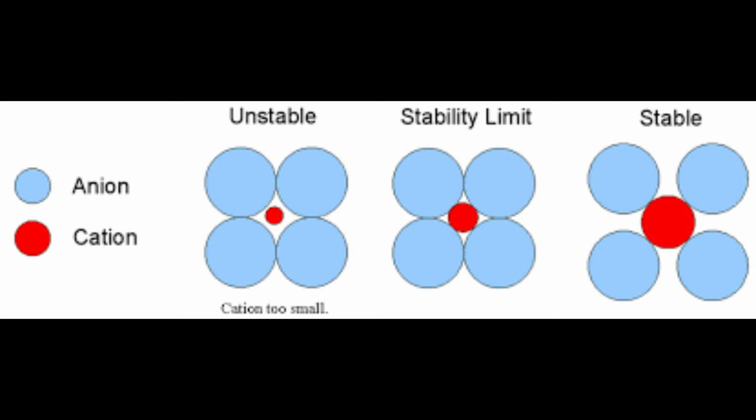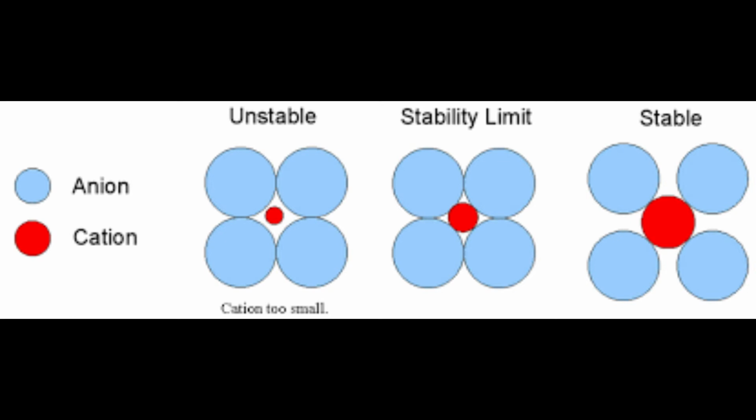Now again come to figure A, the first figure. What is the conclusion there? It is an unstable situation. It means the number of surrounding anions is more. Decrease the number of anions. If we make it 3, chances are that the cation will be suitable. So the number of ions surrounding a particular ion depends upon their sizes, the sizes of both cations and anions, and it is defined by one term, the radius ratio.